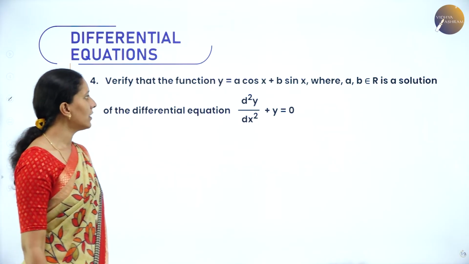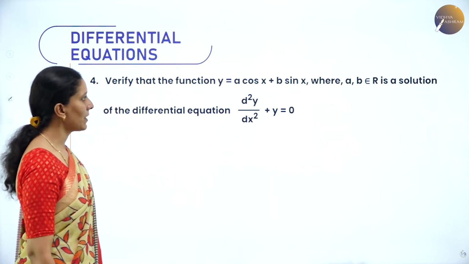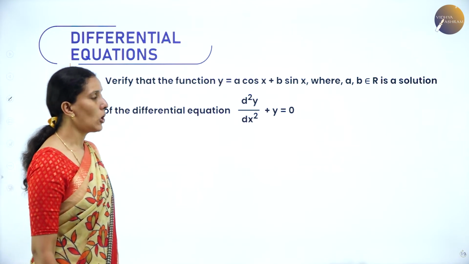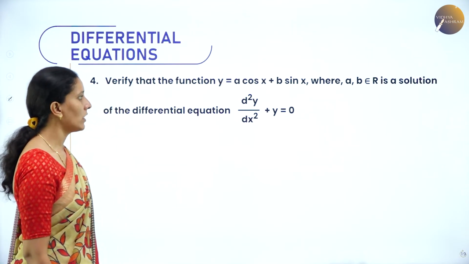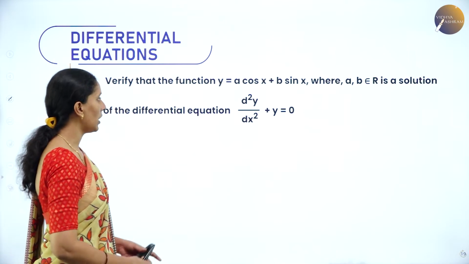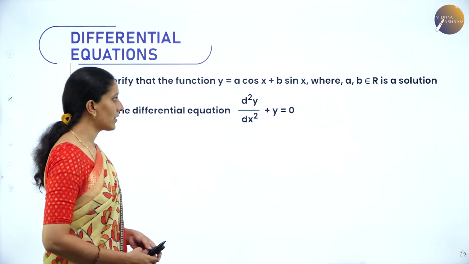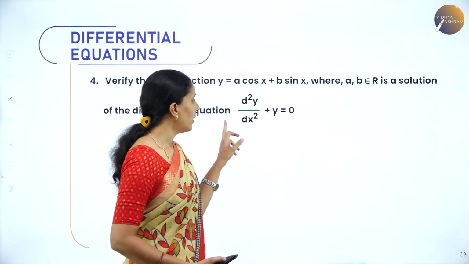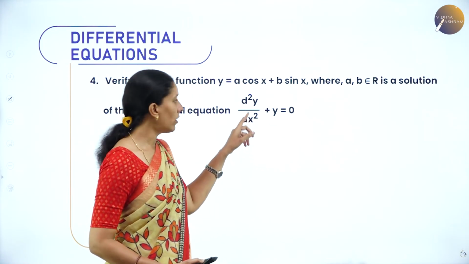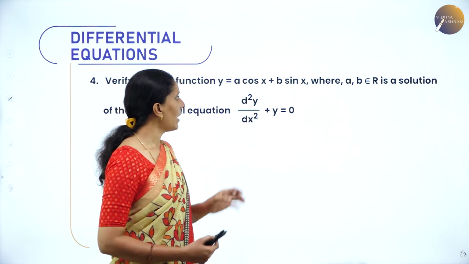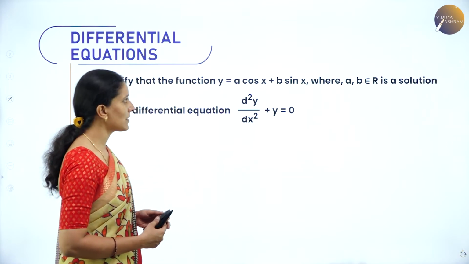Next, verify that the function y is equal to a cos x plus b sin x, where a, b belong to R, which is a real number, is a solution of the differential equation d square y by dx square plus y. So remember here the differential equation is given in the second order and here obviously we have two constants. One is a cos x plus b sin x.